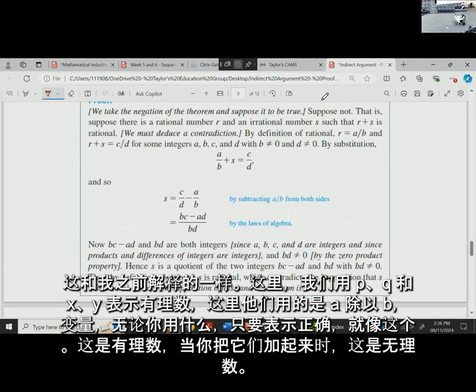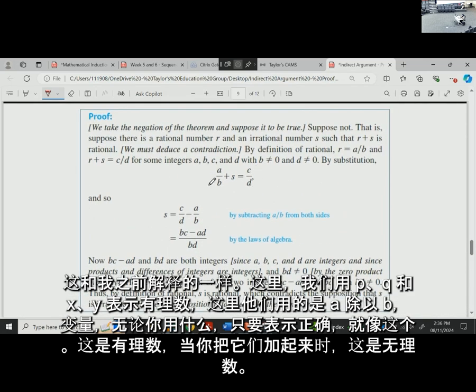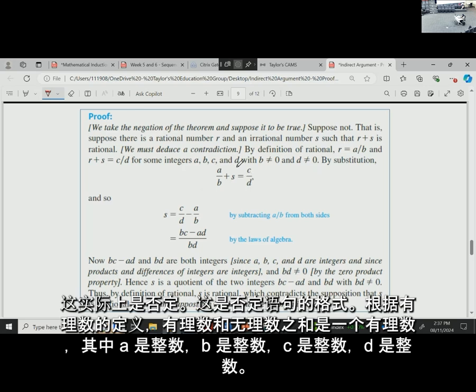This is the same thing that I have explained to you. Here we used p, q and x, y for a rational number, and here they are using a over b. Whatever variables you use, just the representation should be correct. This is the rational number, this is irrational. When you add them up, this was the negation actually. This was the format of your negated statement. It means that the sum of rational and irrational is a rational number, where a is an integer, b is an integer, c is an integer, d is an integer, based on the definition of rational numbers.